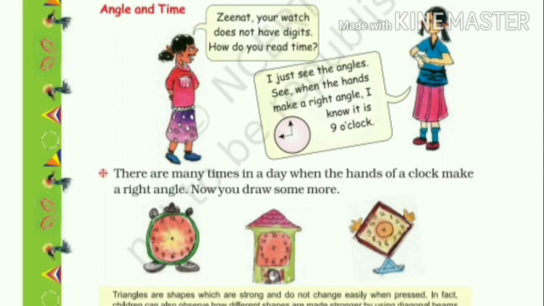If you are looking at the second clock, in that if I am taking a time as 6:15, so first my hour hand will be on the 6 and second minute hand will be on the 3. Means it is also making a right angle, L shape. So 6:15 also shows a right angle.